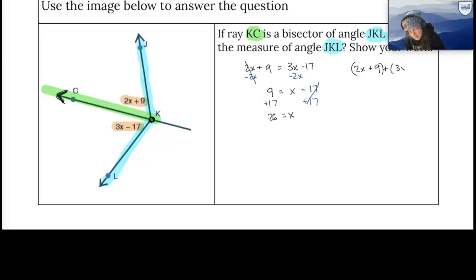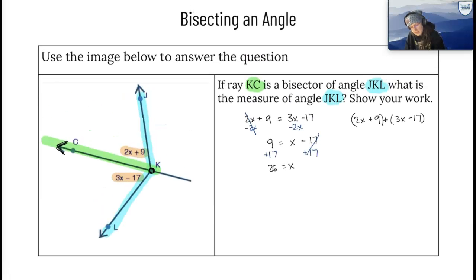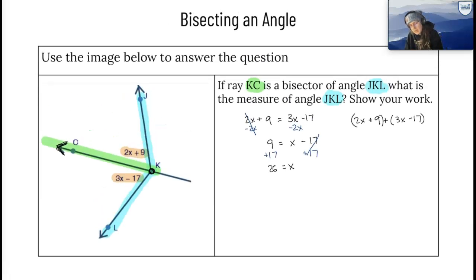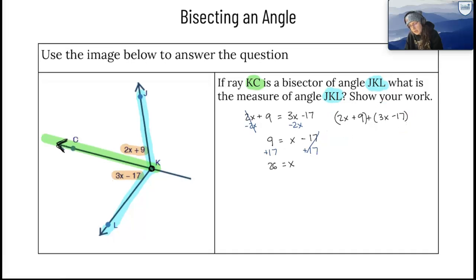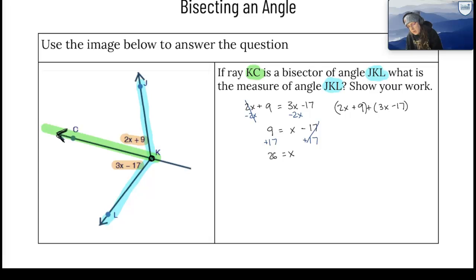There are no negatives that need to be distributed, so it's not necessarily going to make a difference for our math, but it's still good practice. And then we're going to set that equal to angle JKL.